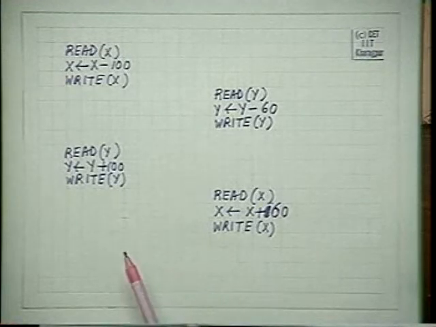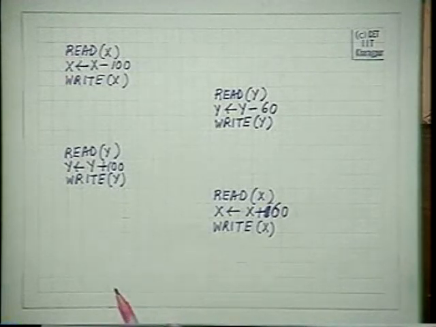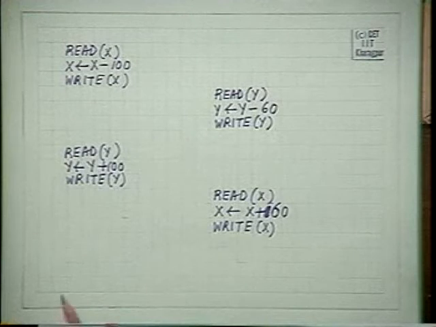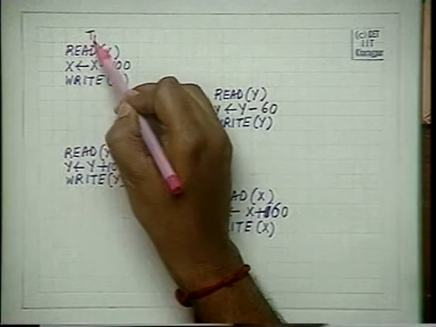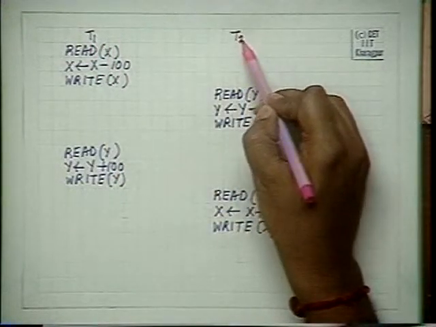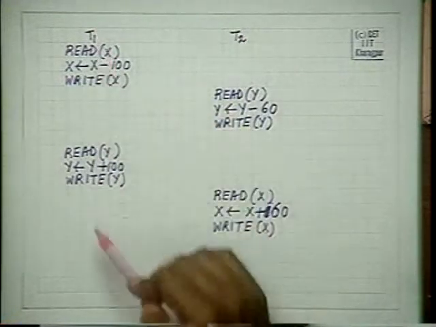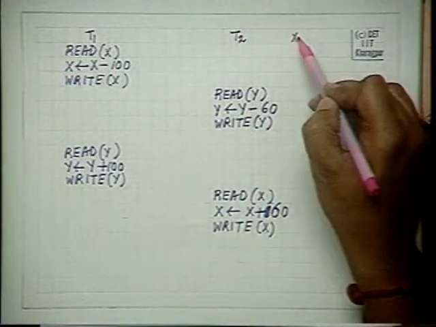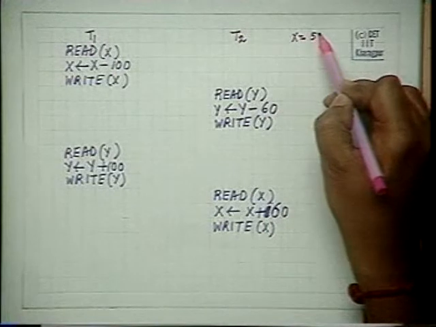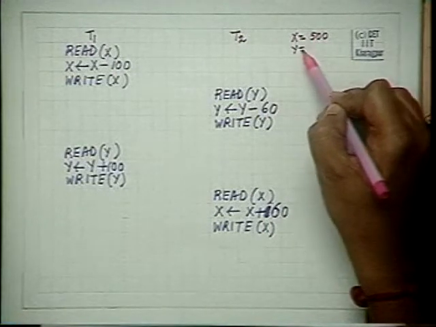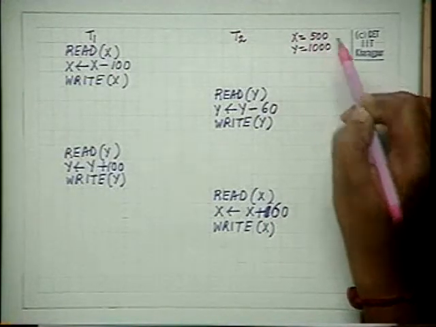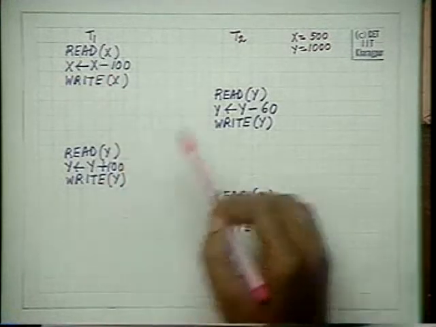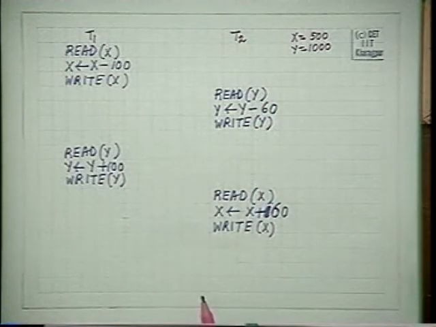And the consistency criteria is x plus y. So this is T1 and this is T2. If T1 is first executed, say initially x is 500 and y is 1000. If T1 is executed and then T2 is executed, what do we get?